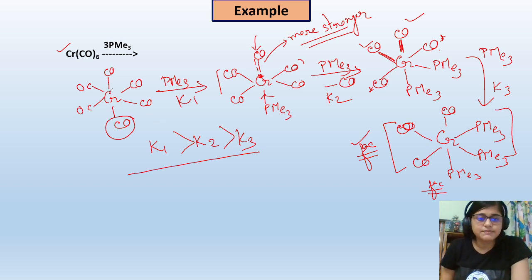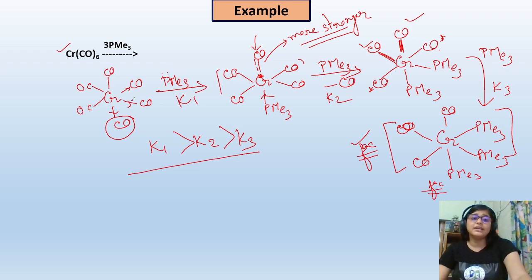We can explain it this way: all 6 COs were present, which draw metal electron density into their pi star orbitals. So at that time the metal has fewer electrons because electrons are drawn away. When PMe3 comes with 2 electrons, the metal has more urge towards electrons, right?